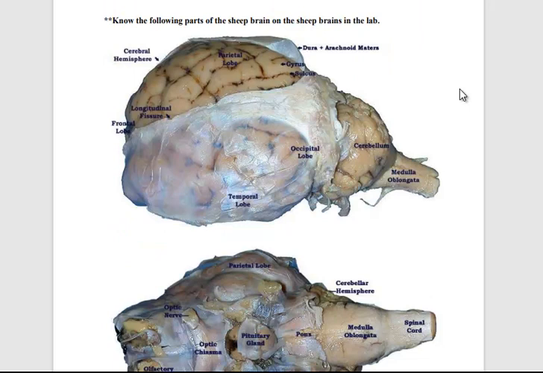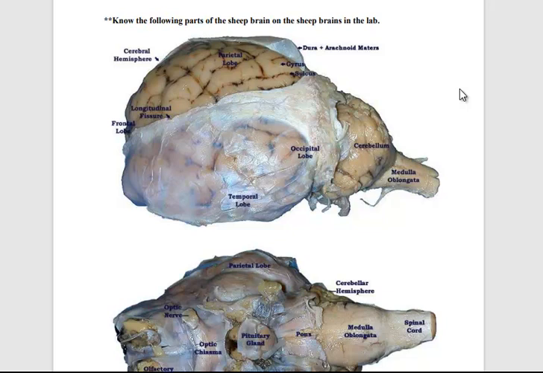I had to really look at this sheep brain to get the orientation. So this is a little bit mislabeled, which is a little hard. And then they've left the dura mater on, so they want you to see that. Your brain is actually in a very tough sac, and it's got 3 layers.